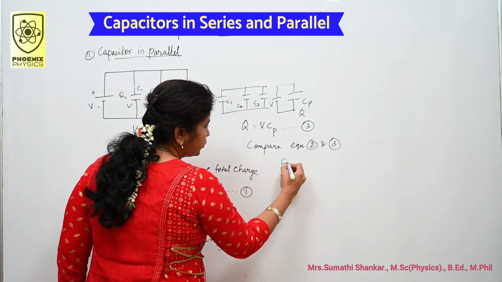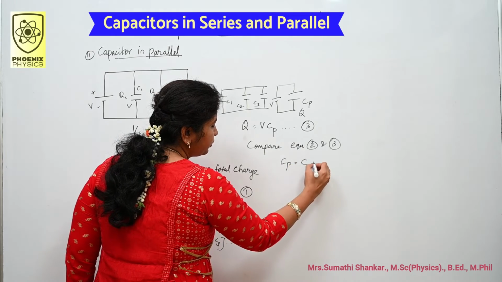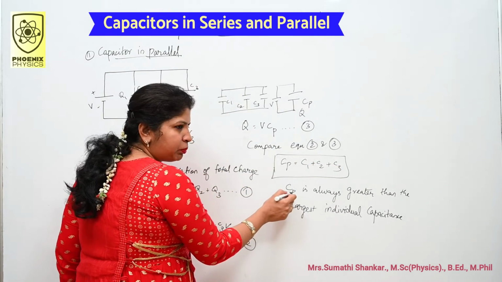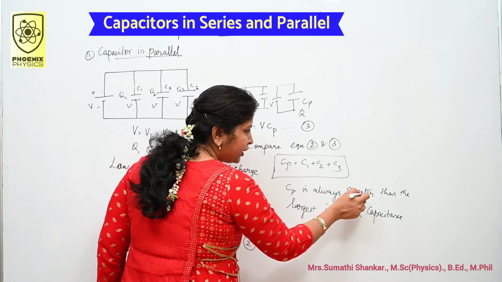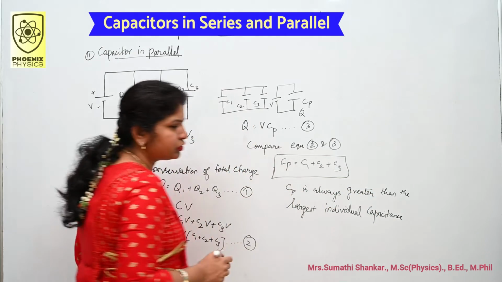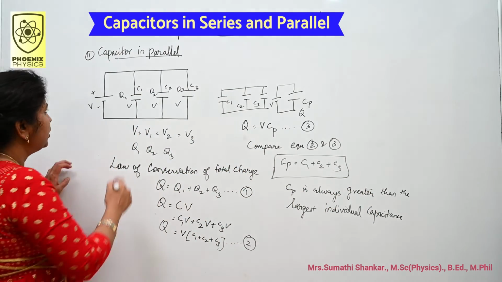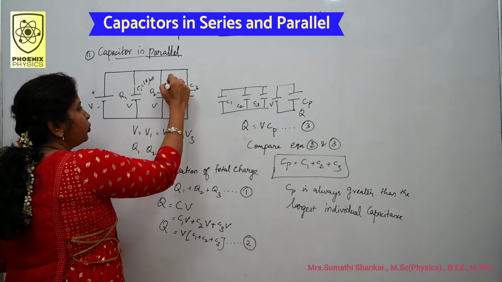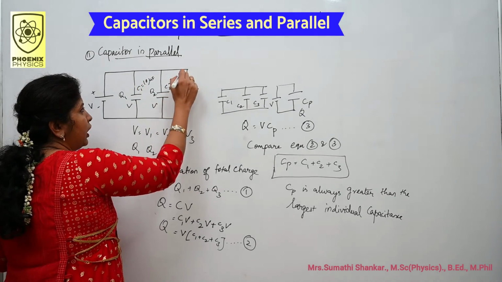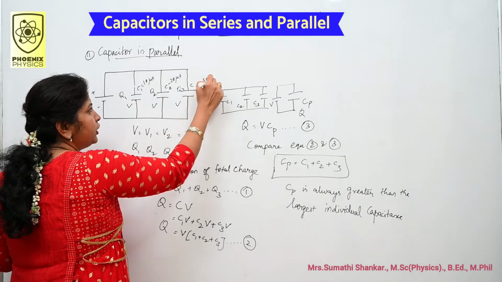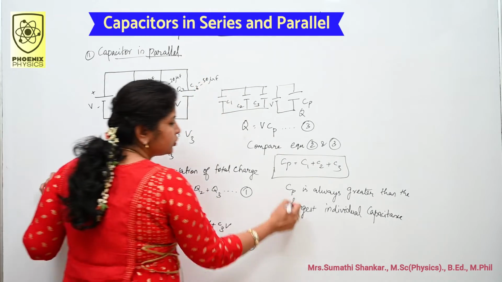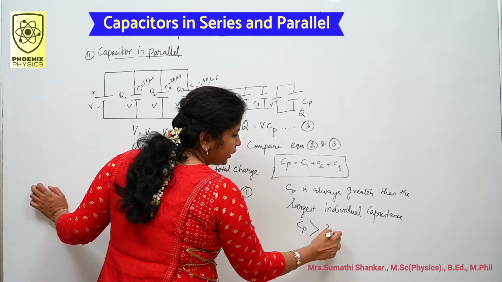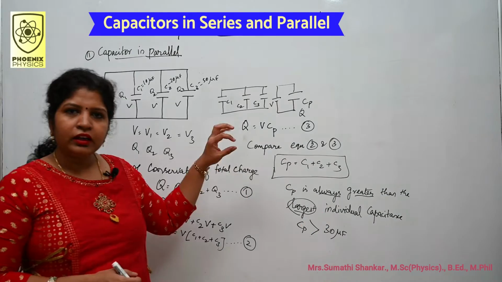So Cp is equal to C1 plus C2 plus C3, the sum of the individual capacitances. What is your conclusion? Cp is always greater than the largest individual capacitance. For example, C1 is equal to 10 microfarad, C2 is equal to 20 microfarad and C3 is equal to 30 microfarad, means Cp is greater than 30 microfarad.